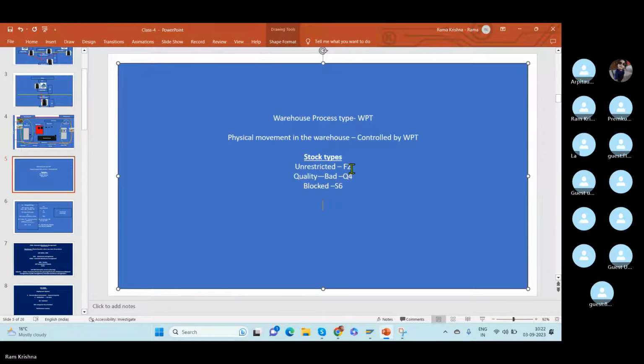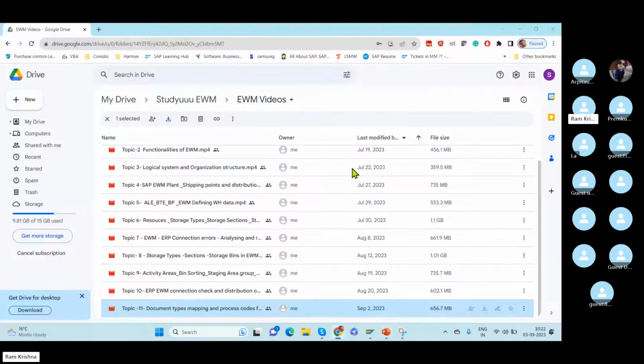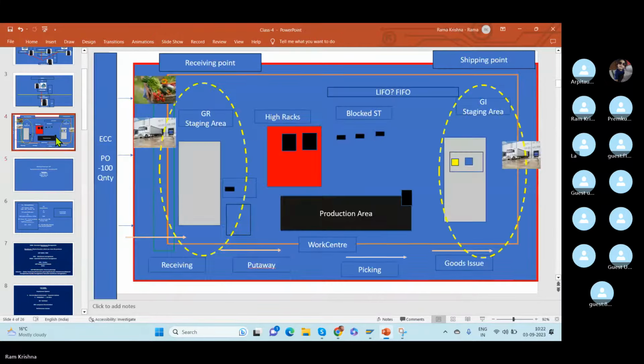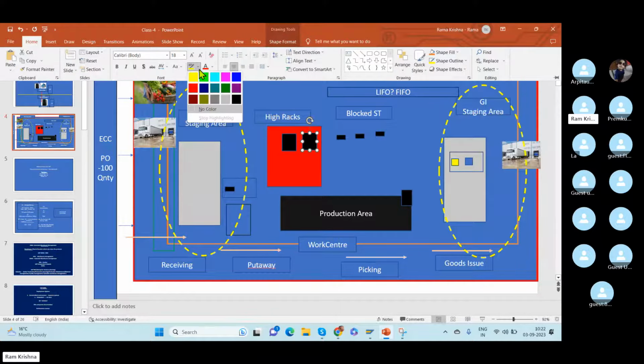Now, I don't want to move the goods physically from one storage type to another because I don't have other storage types. What should I do now? In the same storage type, with respect to the pallet, I need to change the stock type.